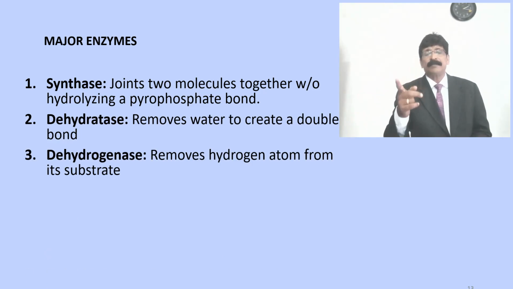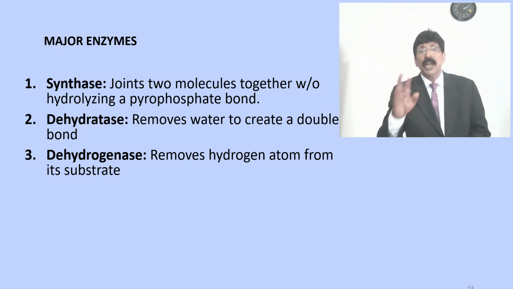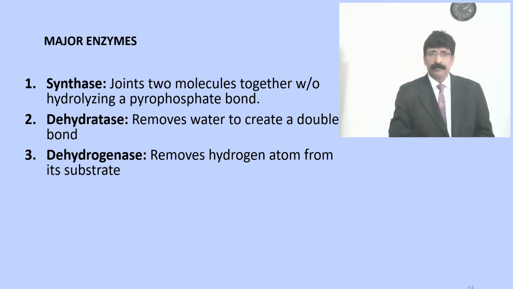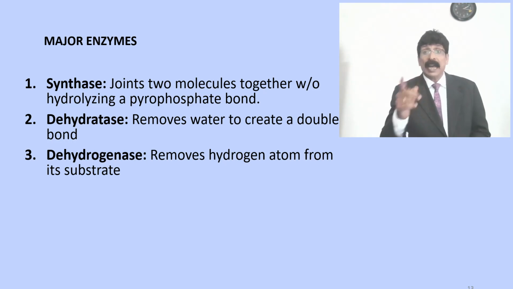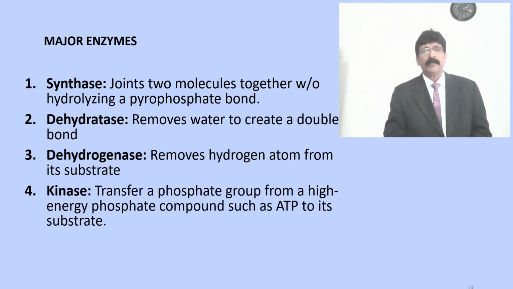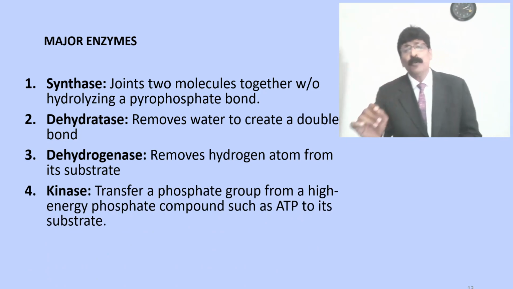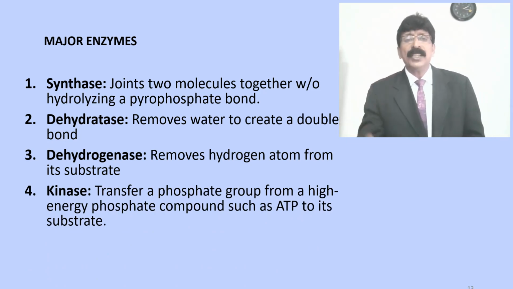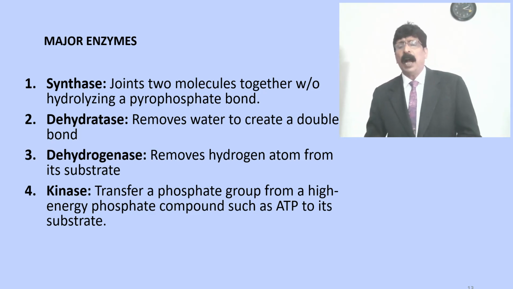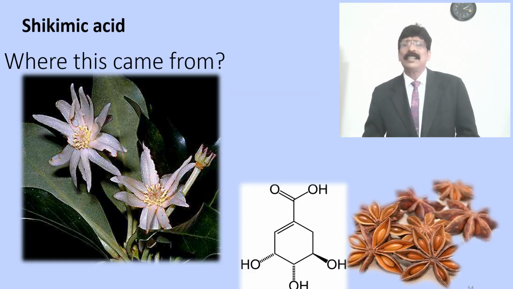Dehydrogenase removes a hydrogen atom from its substrate. Kinase transfers a phosphate group from a higher energy phosphate compound such as ATP, adenosine triphosphate, to a substrate.